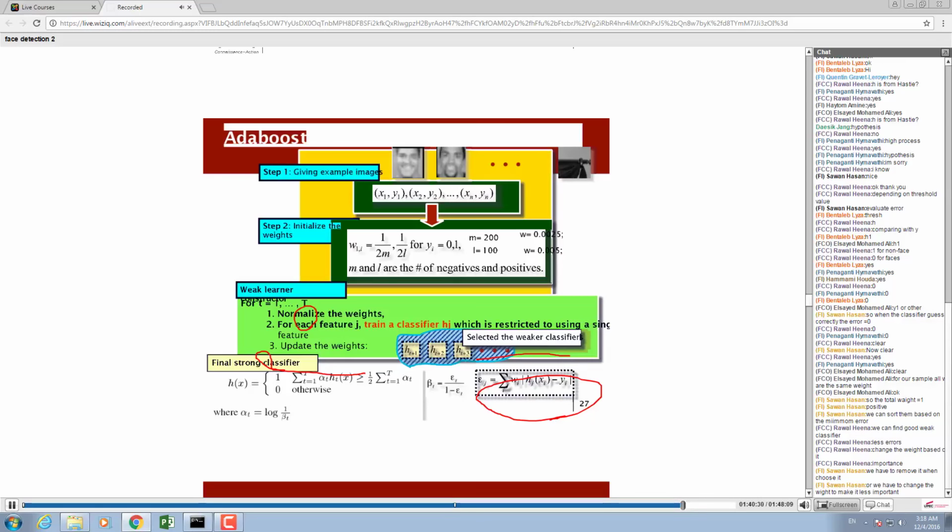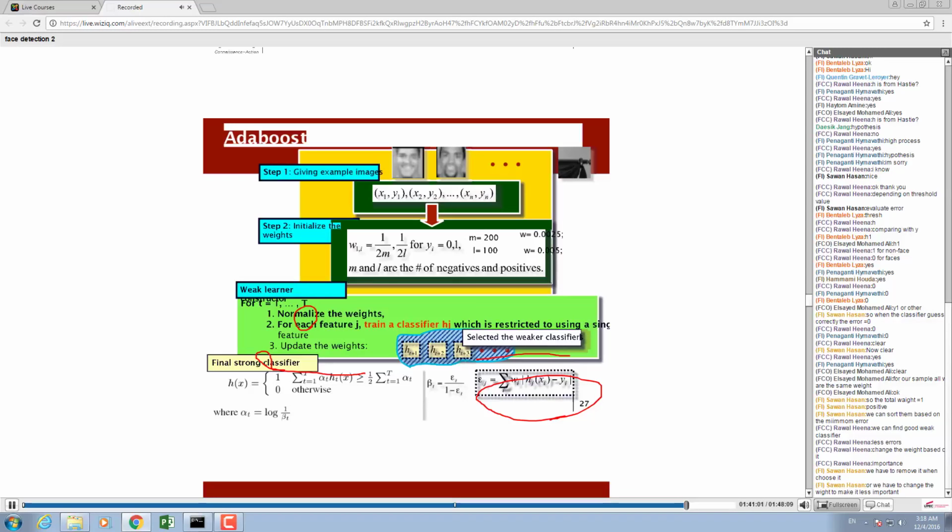Yes, exactly. So the way this algorithm works is by updating the weight. If you recall the process of error calculation, it depends on the weight, W. If we update the W in the previous iteration, then in the next iteration the error value can change.